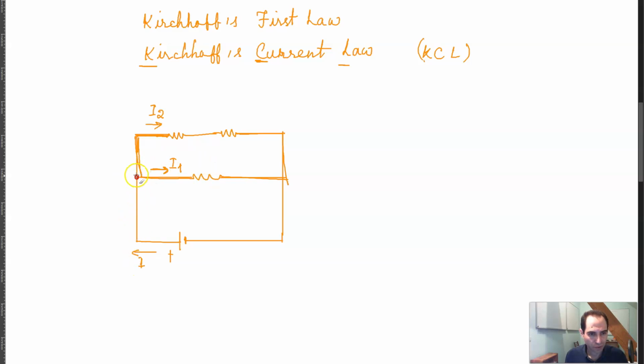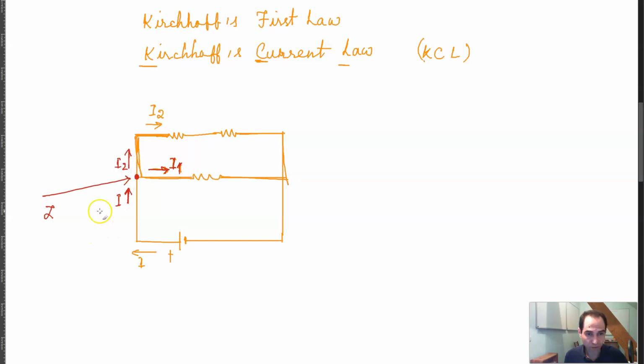So about this particular node, if I call it Z, this current I is coming in, then I1 is going out, and also I2 is going out this way.